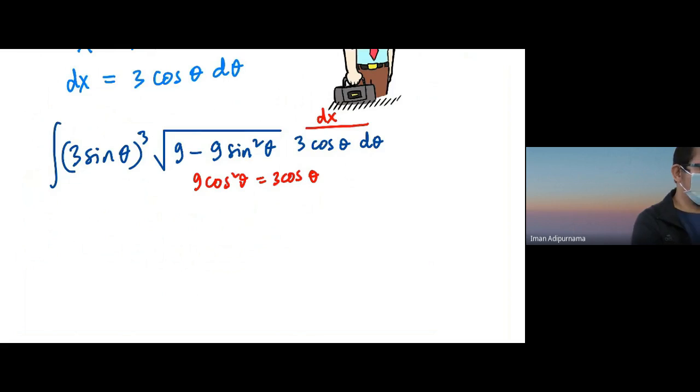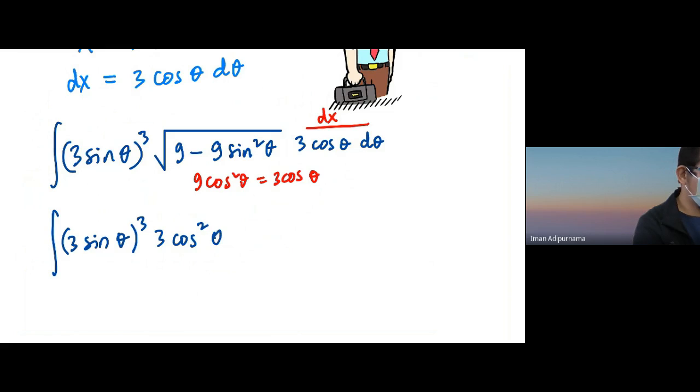So let's calculate a little bit. 3 sine theta cubed, over 3 cos theta, times 3 cos theta from the dx part, right?